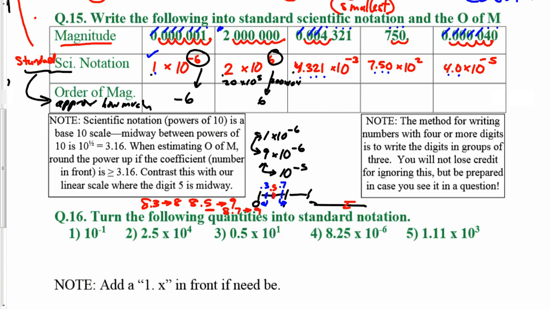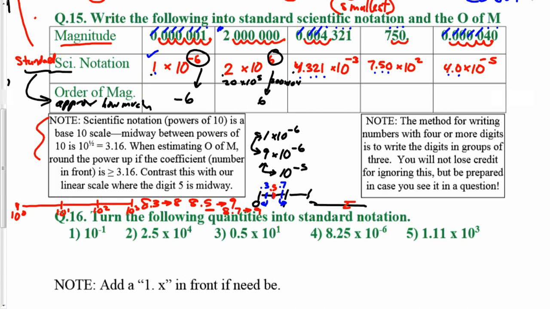When you use a log scale, this is a base 10 scale, the rounding rule is different. This is all this note right here. The rounding rule is different because the midpoint on the interval is different. Let's say you have 10 to the 0, in the next spot over, 10 to the 1, 10 to the 2, 10 to the 3.